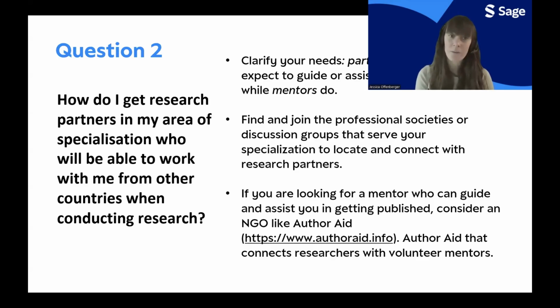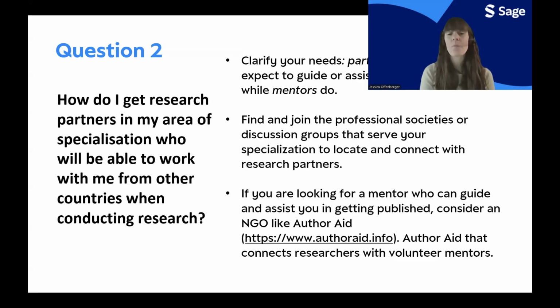Maybe you aren't able to be a co-author as a mentor, but this is important to briefly touch on, that mentors and partners are slightly different. So if you're looking for a research partner or a co-author, that is different than a mentor. And that's okay for today's conversation. I do want to touch on this.